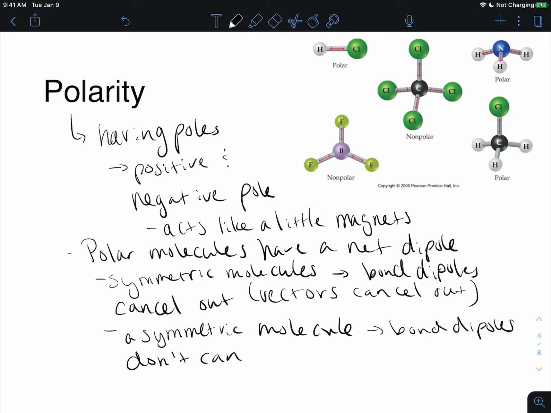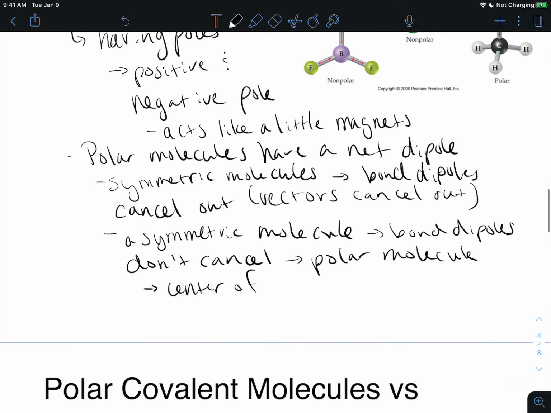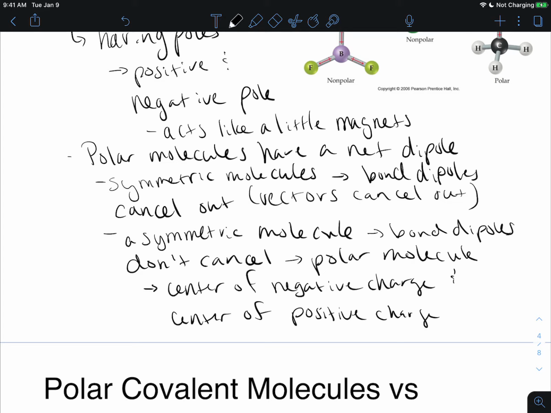And that results in a polar molecule. So we have an overall dipole for our molecule. And these will have a center of negative charge and center of positive charge. So we will have poles. Right? The negative charge and positive charge cannot overlap. If they do, then you have a nonpolar molecule.